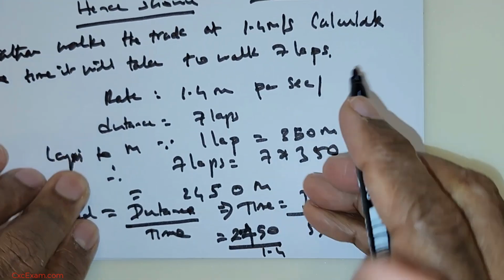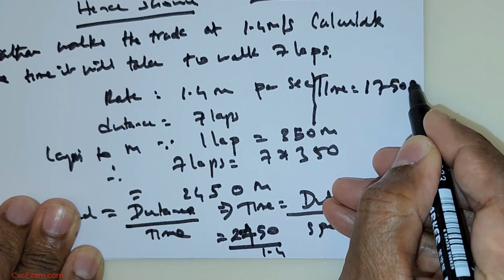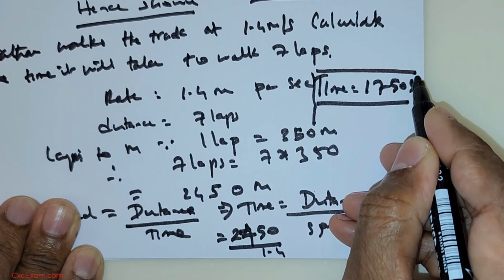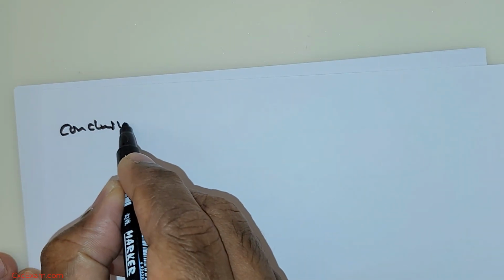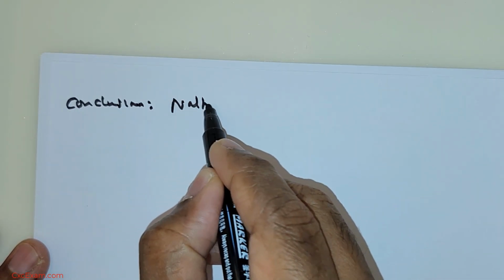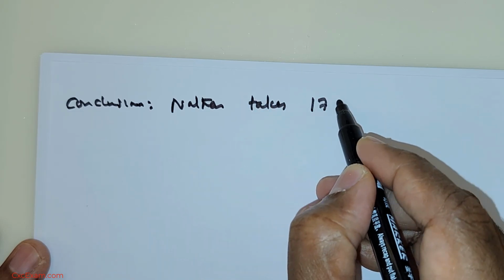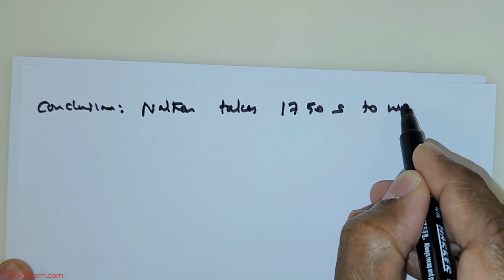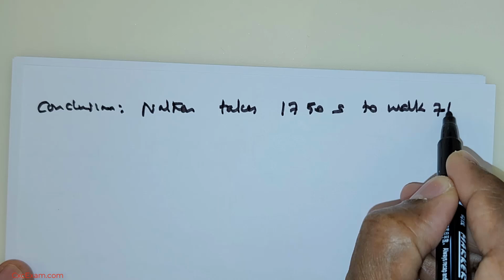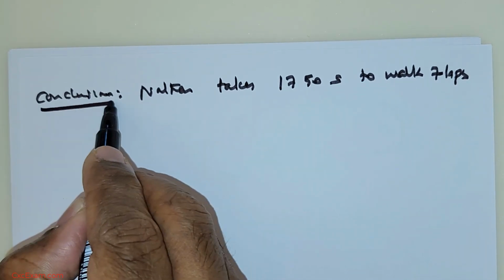So time is equal to 1750 seconds. You can box that result. Conclusion: Nathan takes 1750 seconds to walk 7 laps.